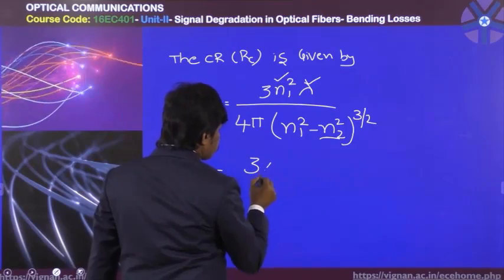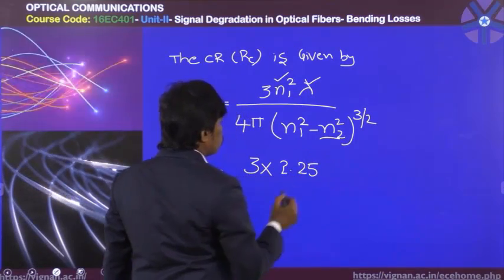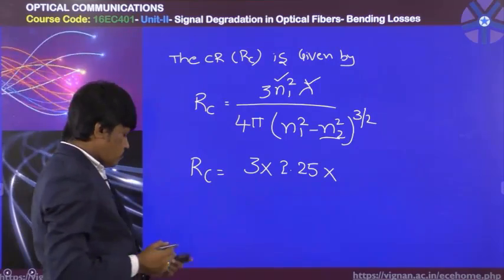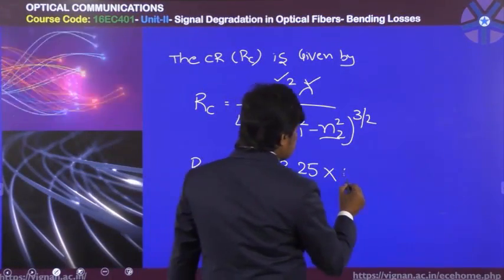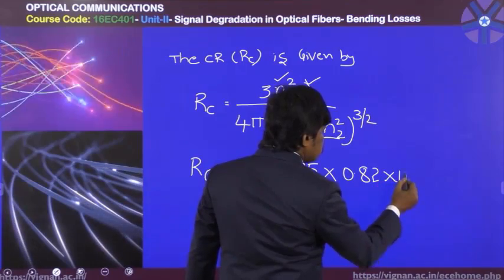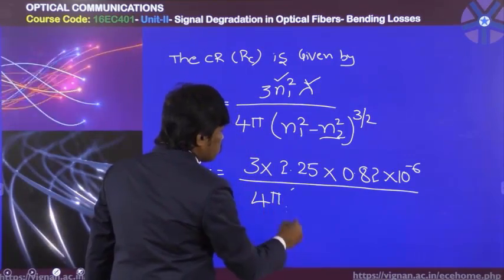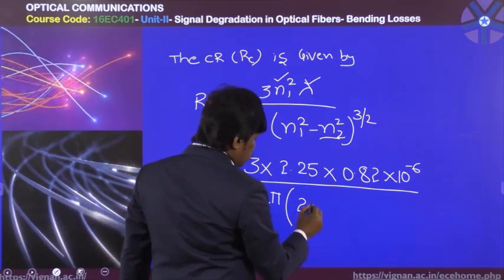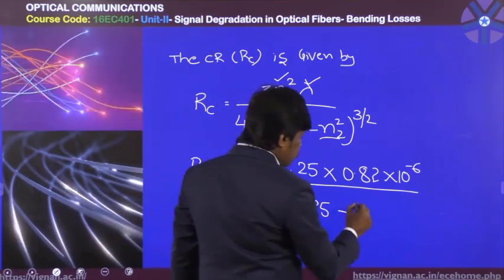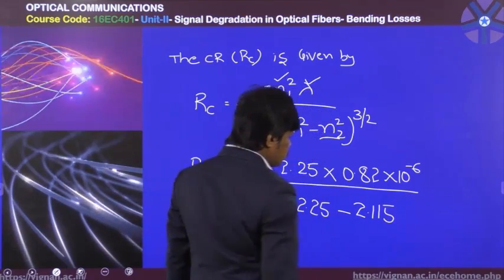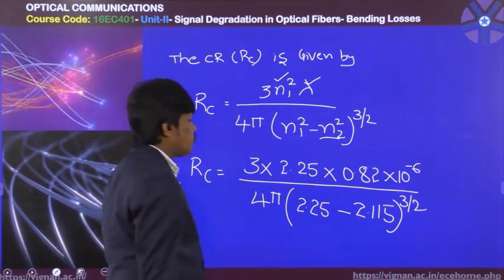So 3 into n1 square, which is 2.25, into lambda, 0.82 into 10 power minus 6, by 4 pi into (n1 square, 2.25, the core refractive index, minus n2 square, the cladding's refractive index, 2.115) whole power 3 by 2.